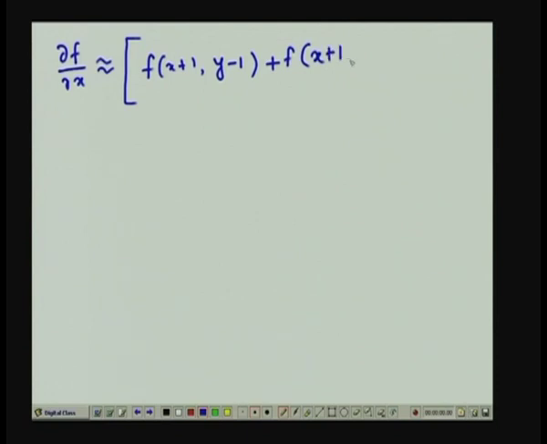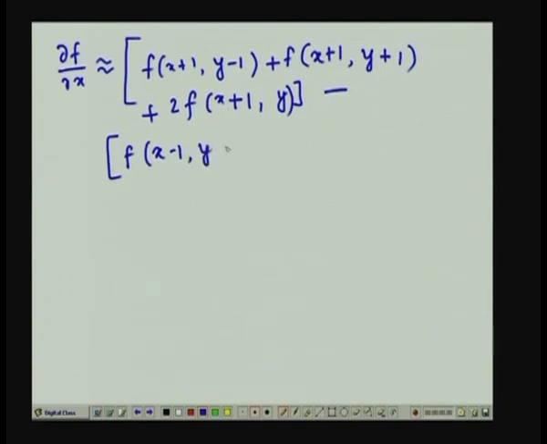And if I want to obtain del f del x, you find that this del f del x can simply be computed as f(x+1, y-1) + f(x+1, y+1) + 2f(x+1, y) minus f(x-1, y-1) plus f(x-1, y+1) plus 2f(x-1, y).